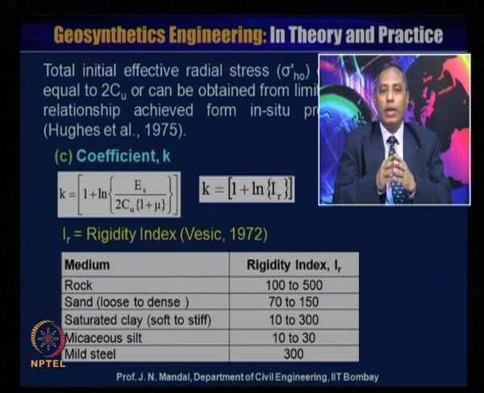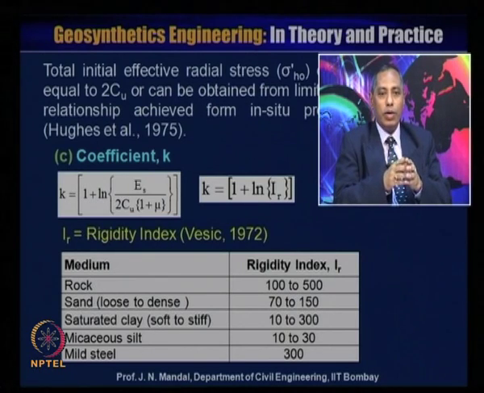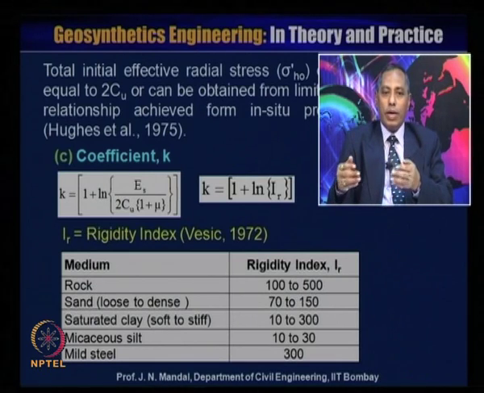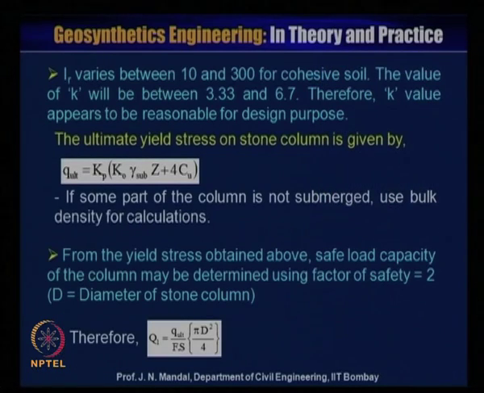So, you can obtain this rigidity index given by Vesic in 1972 depending upon the medium, whether it is rock, sand, clay, silt or steel, from this chart. Now, this IR varies between 10 and 300 for cohesive soil. The value of K will be between 3.33 and 6.7. Therefore, the K value appears to be reasonable for design purposes.